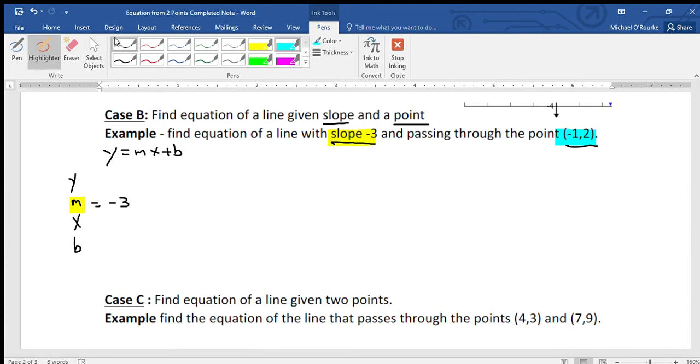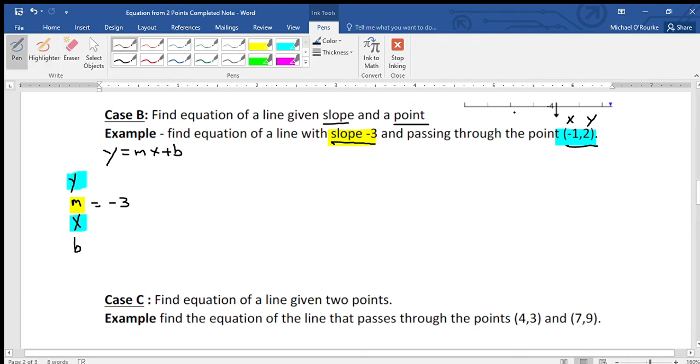If we remember, that's a point that consists of an x and a y. So we're going to fill this in here with these 2 spots. So our x value is -1, so that equals -1, and our y is 2. So that leaves b as our only missing thing.